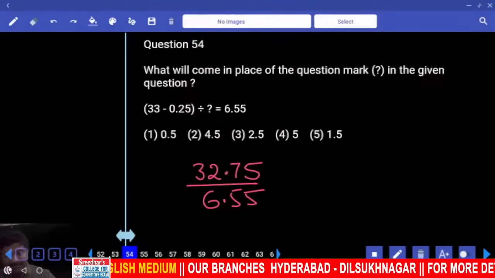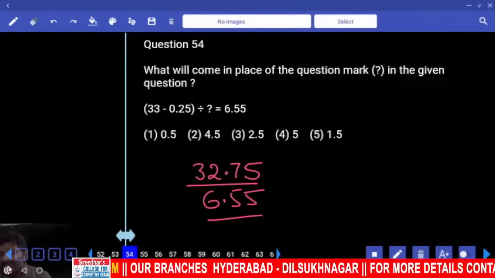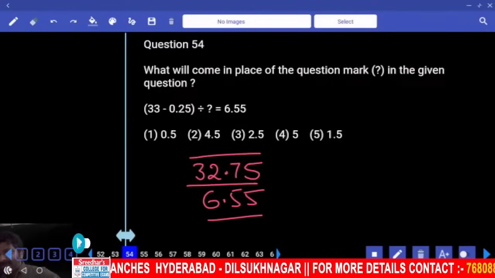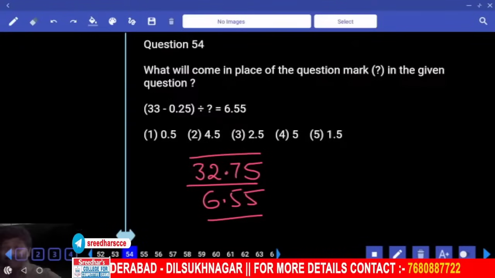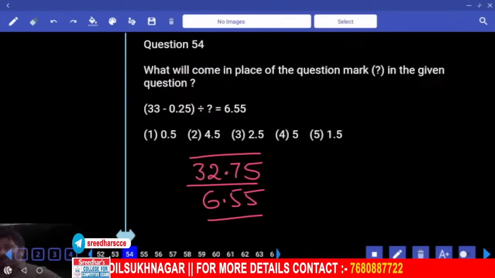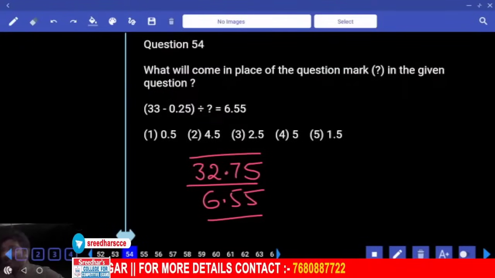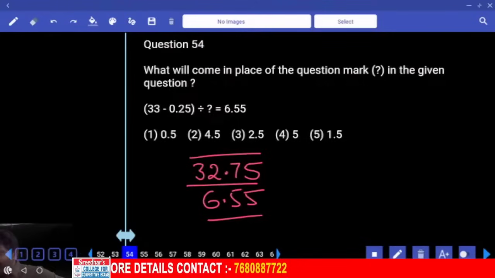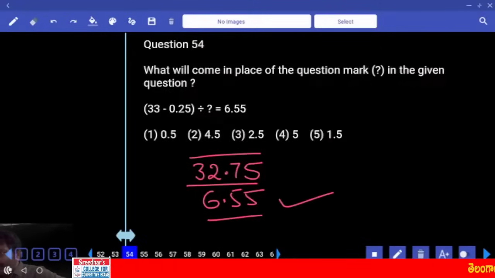Is that okay? 650s approximate 3200. Will it be 6 times? Because 600 6 times is 3600. Will it be 5 times? Let's see. 5 times in the sense 10 times and half, right? 10 times of denominator 6550. Half of that 3275. Number, right? Half of 10 times answer.